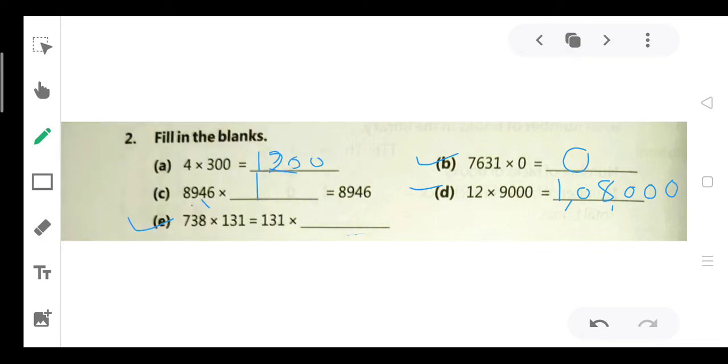Here multiplicand and multiplier are both given, but here the multiplier is given but the multiplicand is missing. So we will write here 738, because if both sides have the same digits, then only the product will be same. So in the fill up area we filled here 738. In this way you can do these questions.